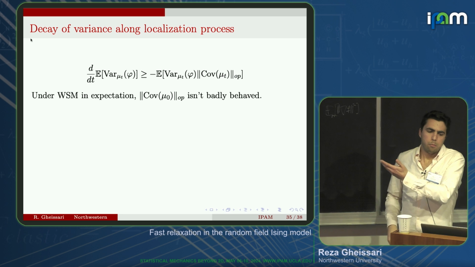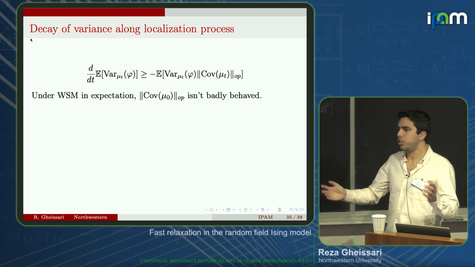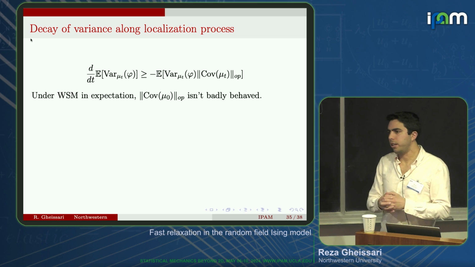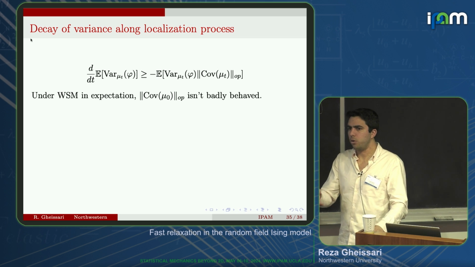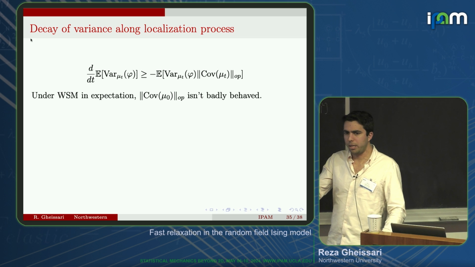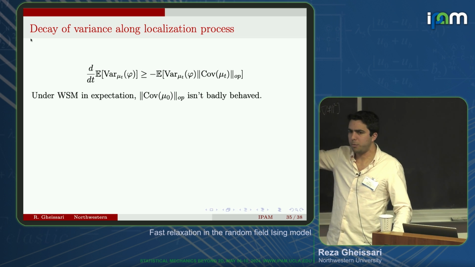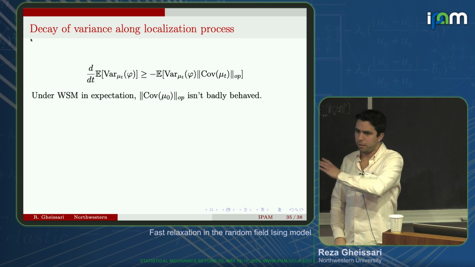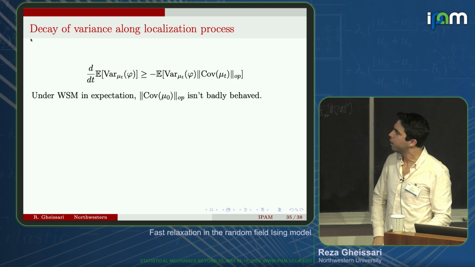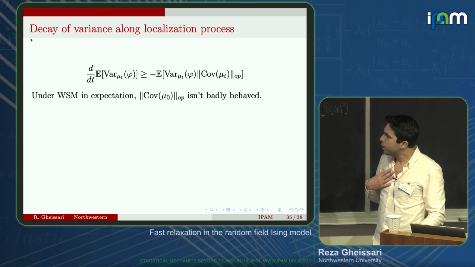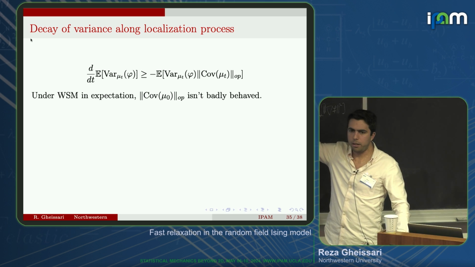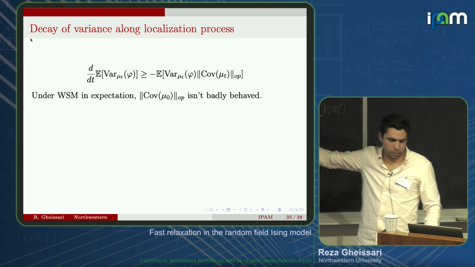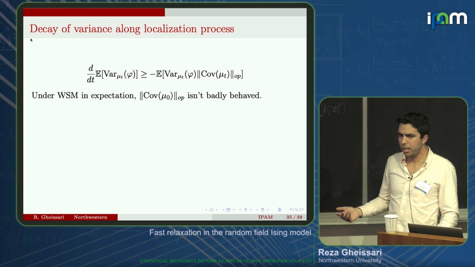So this can be used to say that if I have a general Ising model under, let's say, a Dobrushin condition, or whose matrix norm is at most something, or whose covariance matrix is bounded, then I have a spectral gap with exponential in the covariance matrix, just basically from the two slides that I said right now. In our setting, at initial time, under this weak mixing in expectation assumption, the covariance matrix isn't badly behaved.